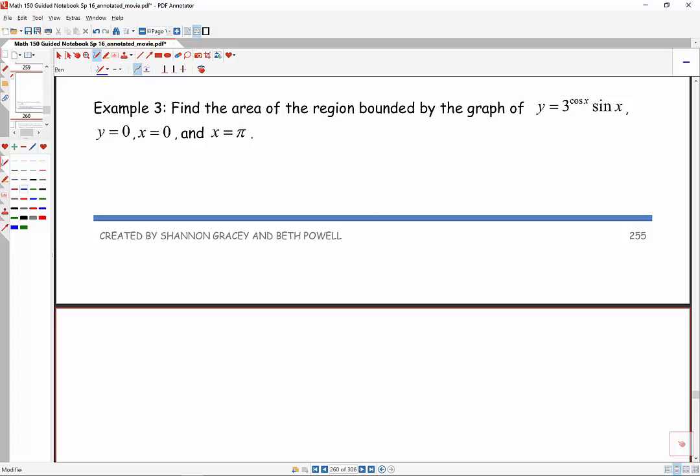So here we go. Our area will be equal to the integral from, so our x bounds are from 0 to pi, and we have 3 raised to the cosine of x, and then times sine of x with respect to x. Okay, so far?